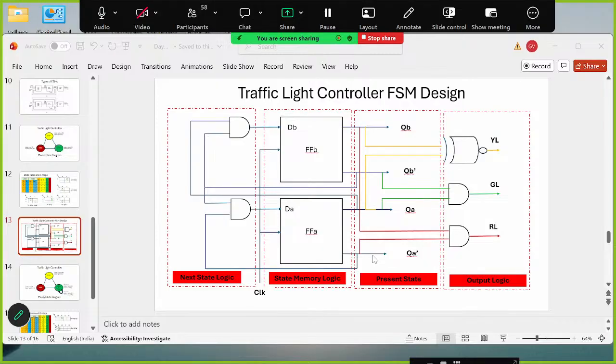Am I right? So that's why the traffic light FSM is a Moore FSM. Your output depends only on this, not on input logic. No input is coming from somewhere else. So this is a simple Moore FSM.